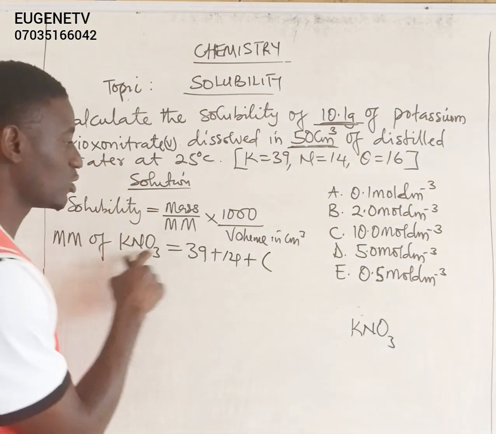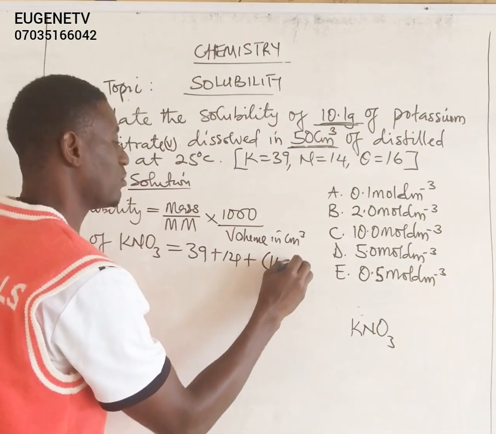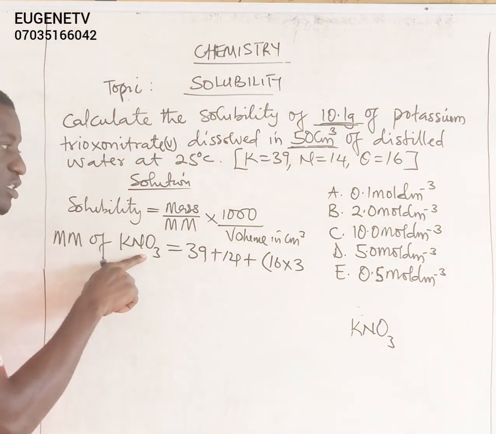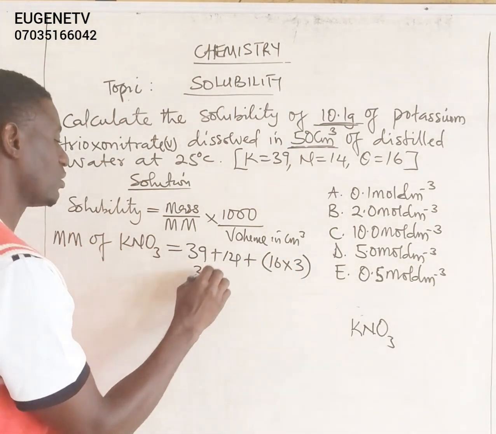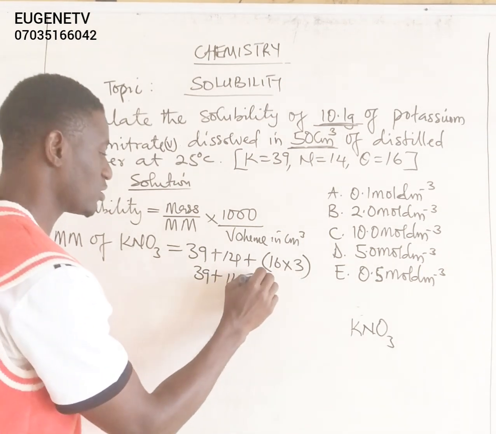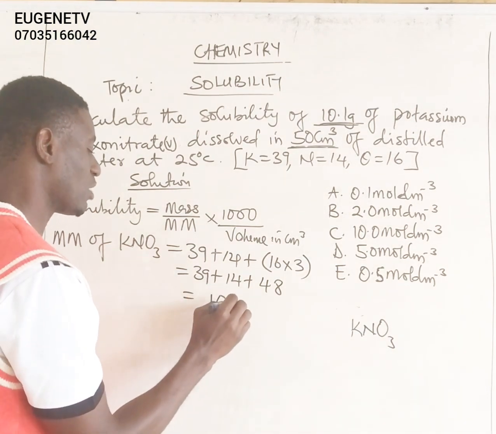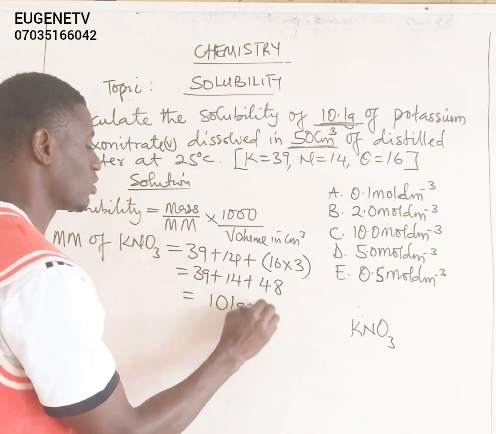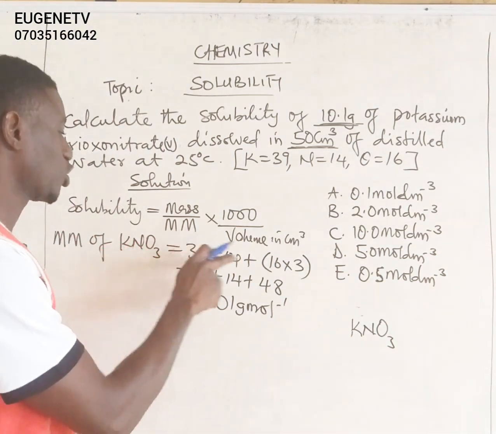Remember, there are 3 oxygens, and each oxygen has a mass of 16, so we multiply by the number of atoms in that compound, which is 3. We close our bracket here. Everything here is 39 plus 14 plus 16 times 3, which is 48. When we add everything, we get 101 gram per mole. So we have been able to find the molar mass of potassium trioxonitrate(V).